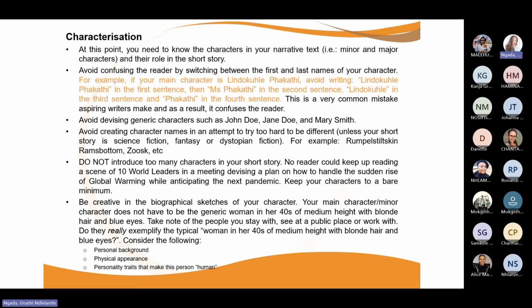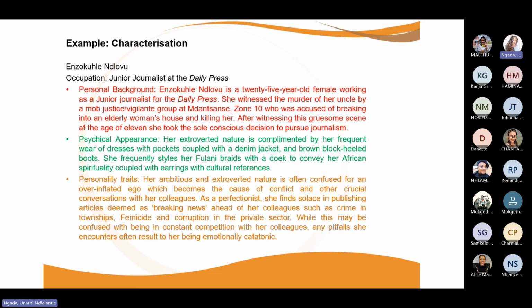So when you're describing the character's appearance in your short story, take note of the personal background, the physical appearance, and the personality traits that make this person human. So personality traits being both good and also bad personality traits, right?